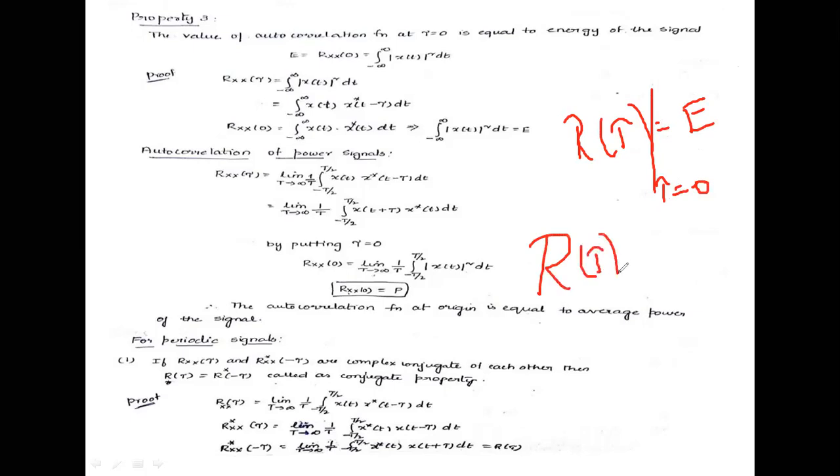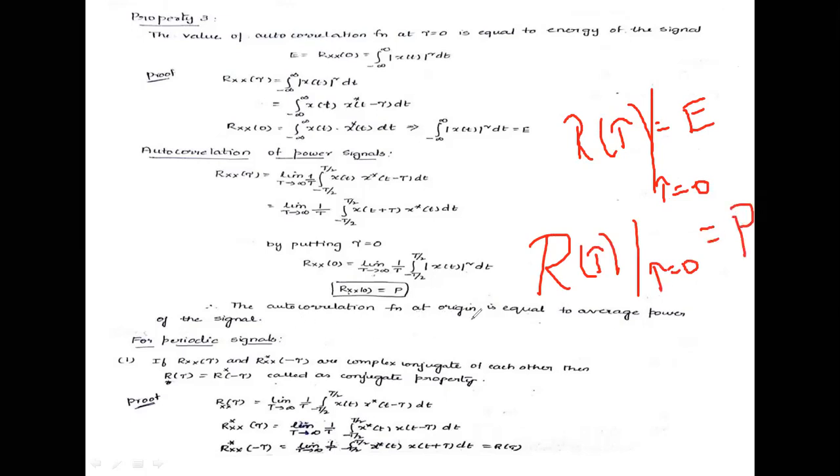It becomes the limit T tends to infinity of 1 by T, the integral from minus T by 2 to T by 2 of the squared magnitude of x of t dt, which is the power P. So Rxx of 0 is equal to E for an energy signal and Rxx of 0 is equal to P for a power signal.